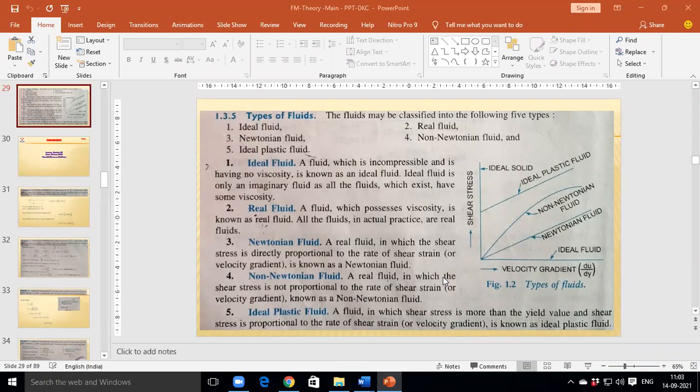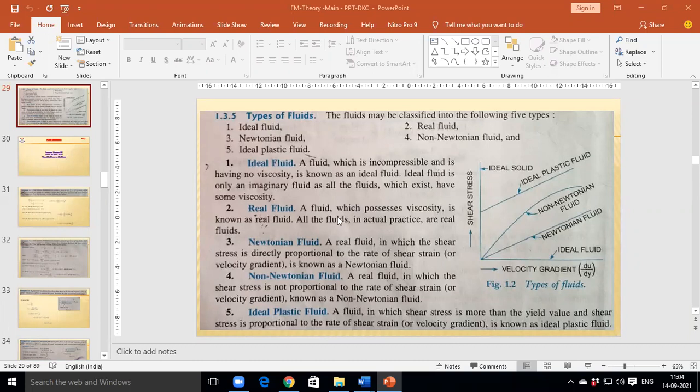Slope is 0, which means viscosity is 0. As far as this graph is concerned, ideal fluid is on the x-axis and ideal solid is on the y-axis.